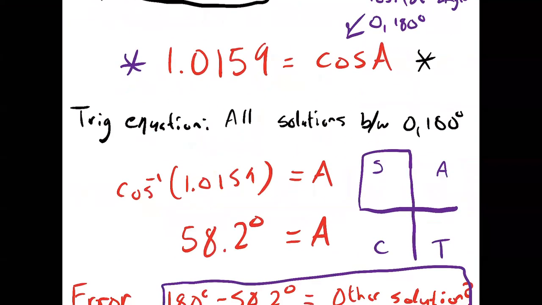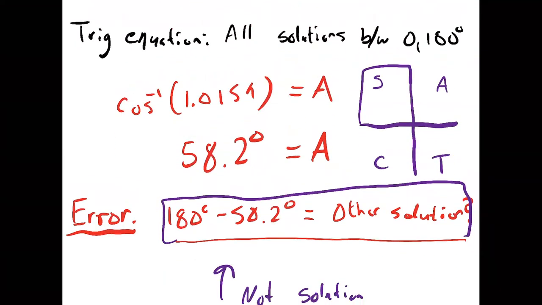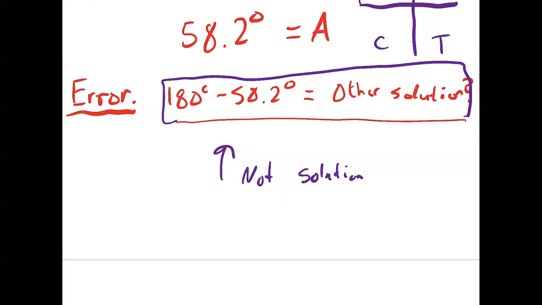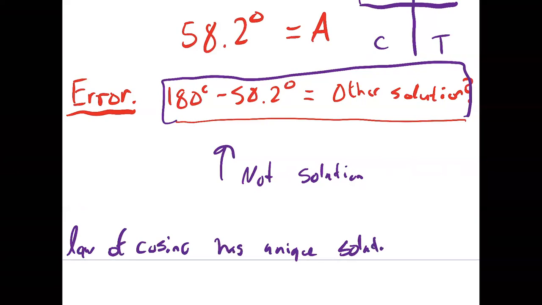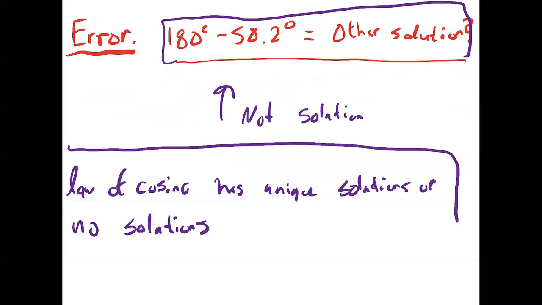So the real key difference is that, I'll just make a quick note of this, the law of cosine has only unique solutions or no solutions. So we're still working this problem out, but this is a really important thing to note because this was something we had to deal with for law of sine.